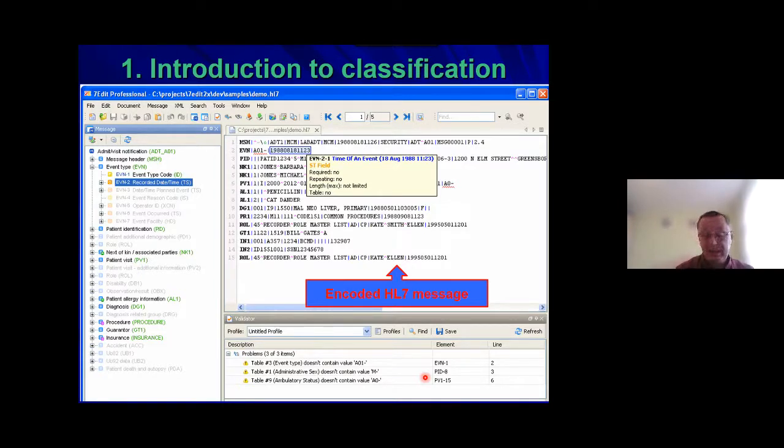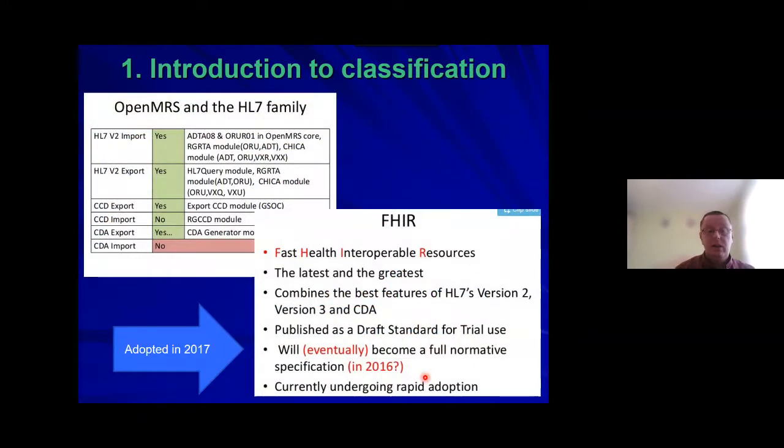I did not even provide pictures of the 3.0 version of HL7, which is XML based, because it was not widely applied in practical usage. And the latest, FHIR, which has become extremely popular very fast, uses the very easy to read, understand and manage JSON format.